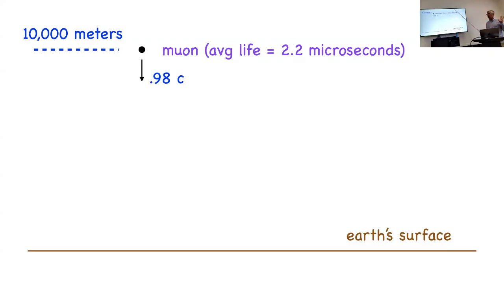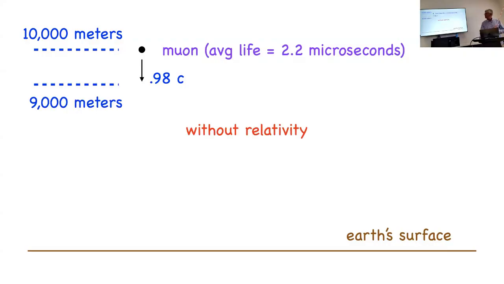But if we didn't have relativity, this is what we would expect. They're traveling very fast, but their lifespan is very short. So they'd only make it down to maybe 8,000 or 9,000 meters, and you wouldn't see any down here at the surface of the Earth.